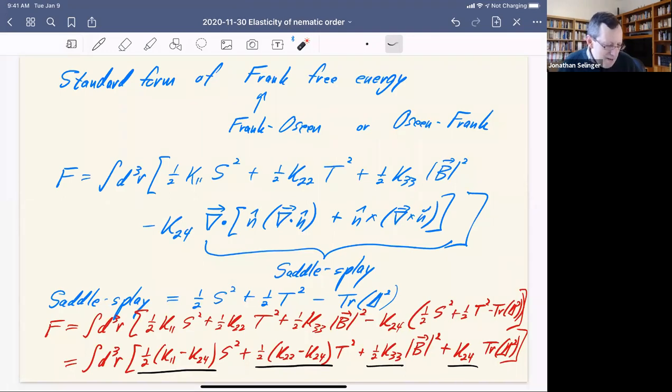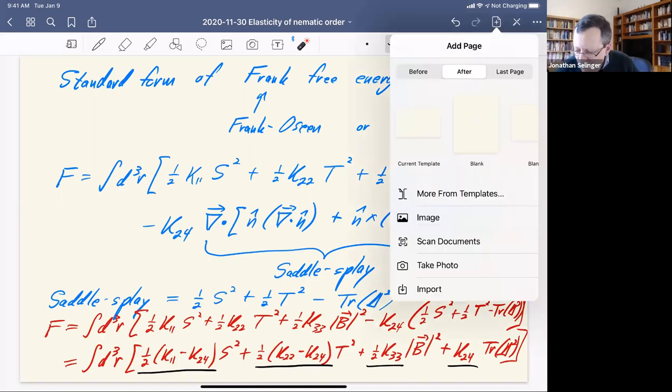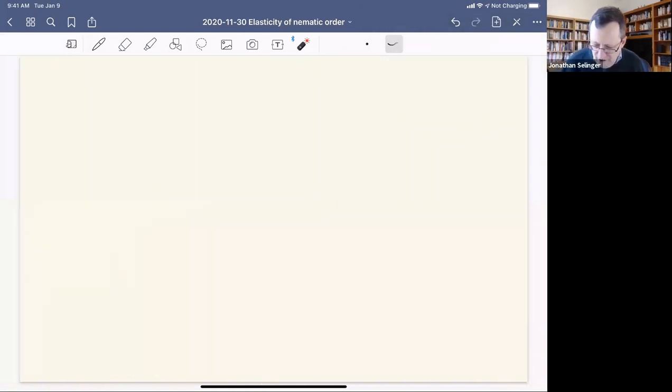Okay. Reason number 2. There is an interesting thing which is based on vector calculus. Let me remind you about a theorem of vector calculus which you may have learned in a multivariable calculus course. This thing is called the divergence theorem.